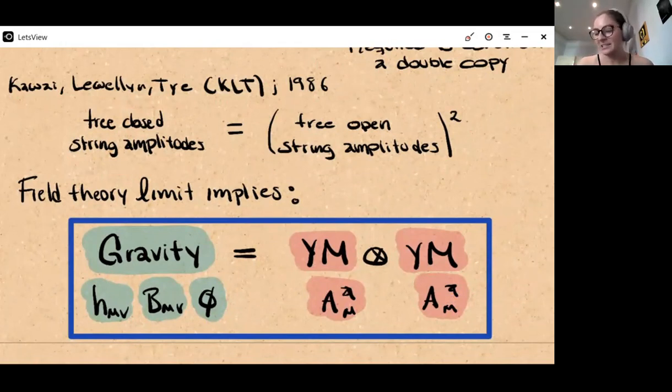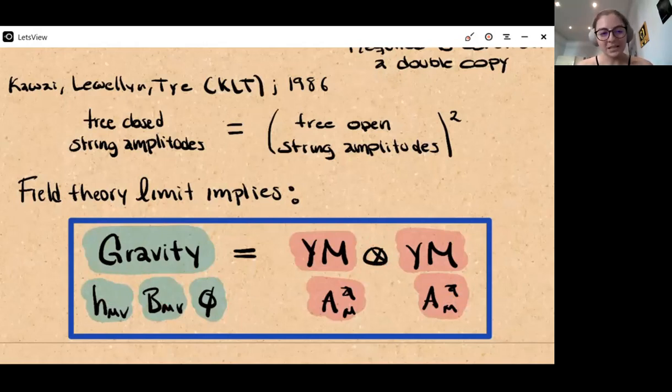And again, since here we're just going to go to the field theory limit, what this implies is gravity equals Yang-Mills squared. And I'm going to explain exactly what this square is in a second. And this square usually refers to a KLT double copy if I ever write it this way.